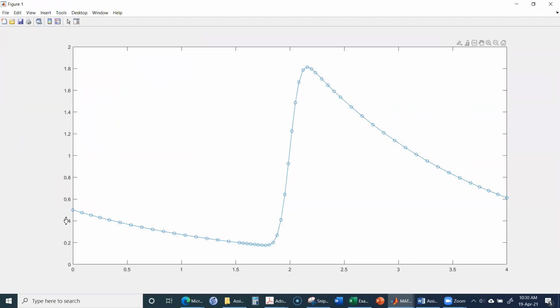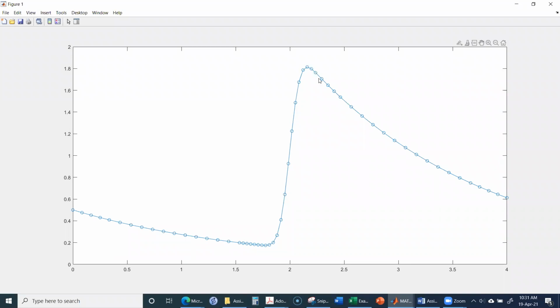Here you can see that there are some constant intervals, at a relatively bigger size. But as soon as we reach near this abrupt change area, the intervals gradually decrease so that we can have more accurate values in this inner portion.